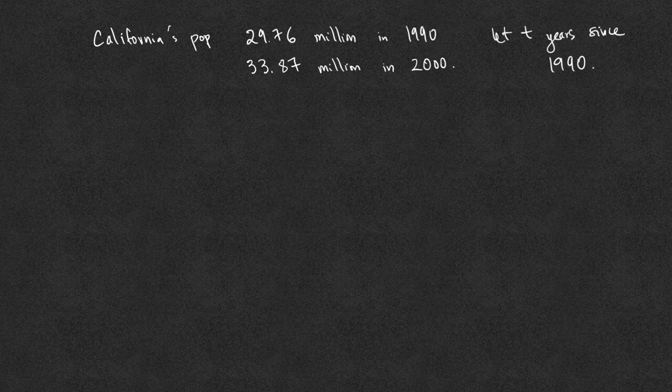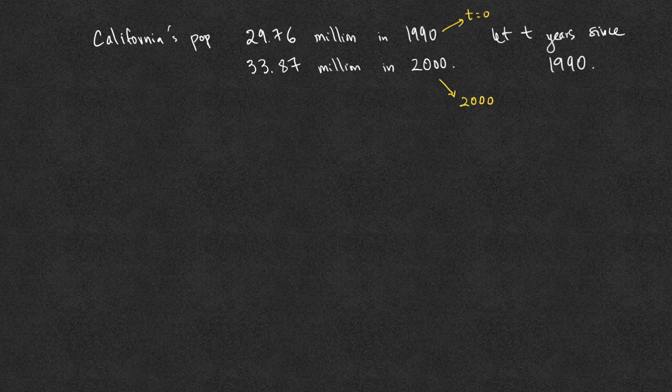Even if the problem does not state it, it is better to let t be the years since the starting year in the problem. We're not saying that California started in 1990, but 1990 corresponds to t equals 0.